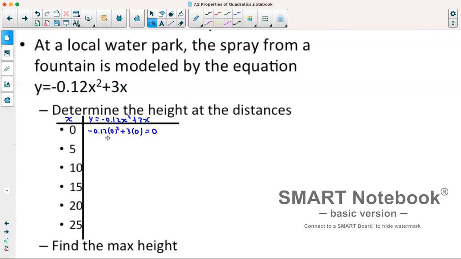Next, we have negative 0.12 times 5 squared plus 3 times 5. That gives us 12. Next, we have negative 0.12 times 10 squared plus 3 times 10. That gives us 18.